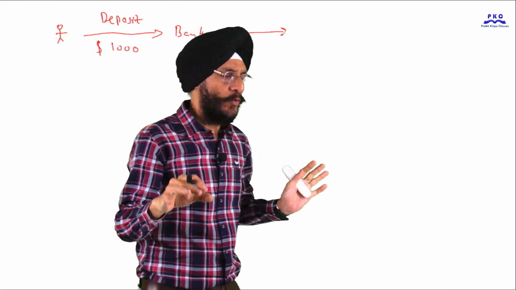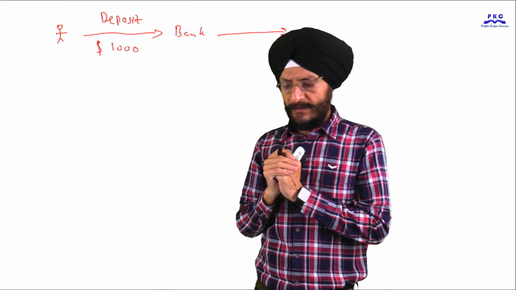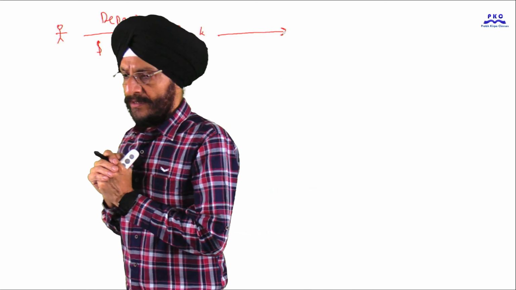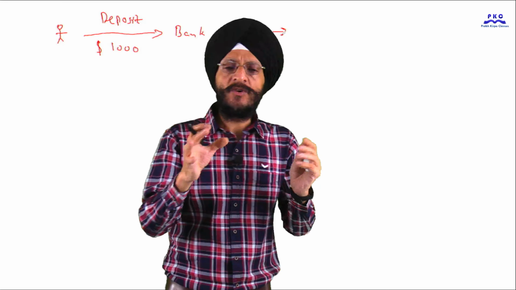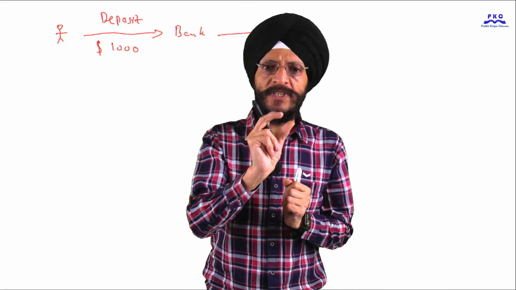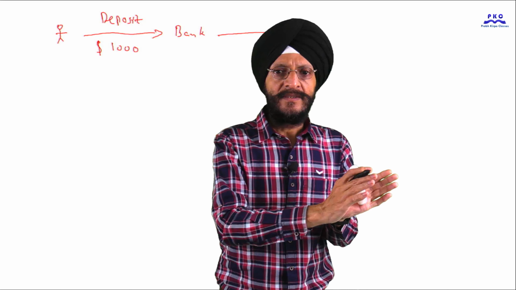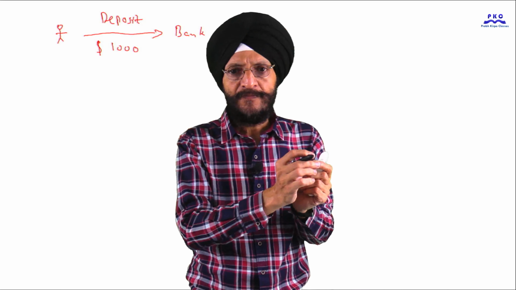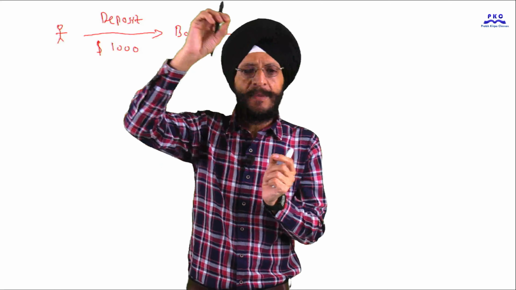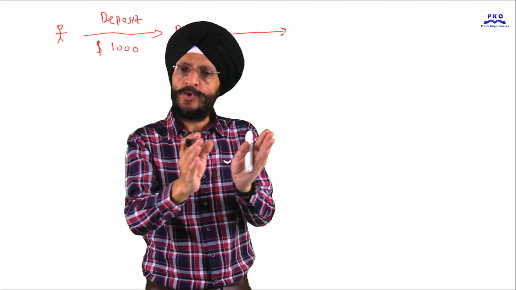All the banks have to comply with the directions of the central bank, and as per its directives, a certain percentage of each deposit has to be kept aside, in the form of cash, or some percentage may be deposited with the central bank. So some portion has to be kept aside.